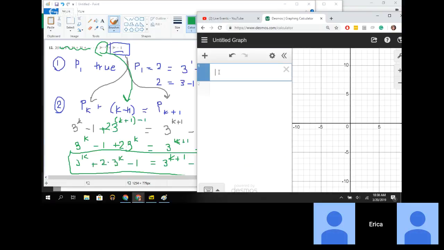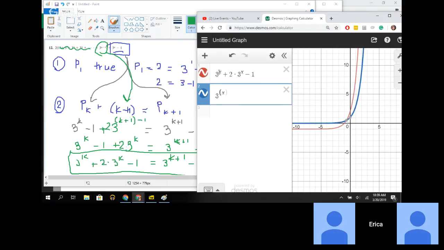I did 3 to the x power plus 2 times 3 to the x power minus 1. So I graphed that, and then I graphed 3 to the x plus 1 power minus 1. So they actually are the same thing. So I know that they're the same.